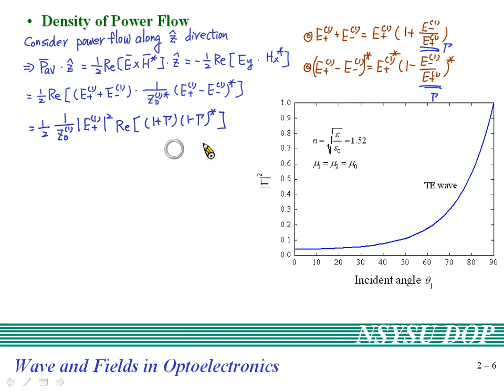And after you multiply these two and take the real part, the power density along the z direction can be obtained in the final form like this.